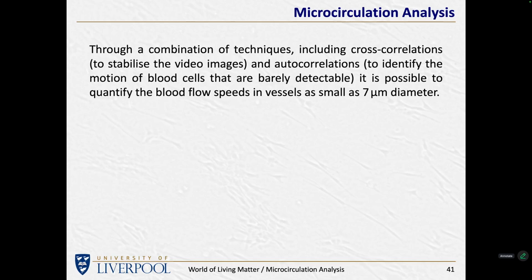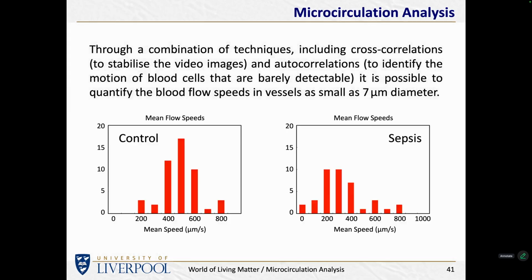So it was a real challenge to come up with a computer code, and I'm not going to go into the detail because it's rather mathematical, but it did prove to be ultimately possible to figure out how to stabilize the video and hence then see how all of the blood cells are moving.